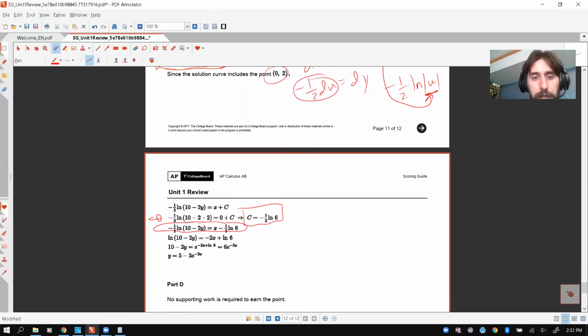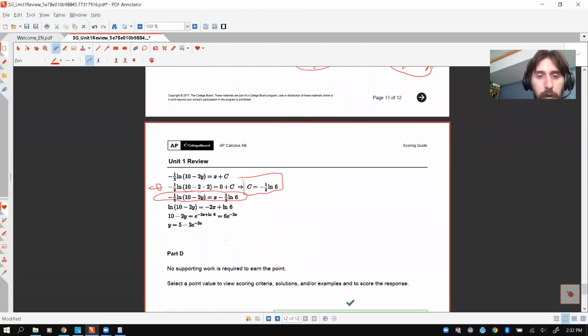And then you need to solve this for y. In order to do that, the first thing that I would do is multiply both sides by negative 2, which will give you the natural log of 10 minus 2y equals negative 2x plus the natural log of 6. And then in order to get y by itself, you need to get rid of this natural log. And the opposite of taking the natural log of something is to raise it to the power of e.